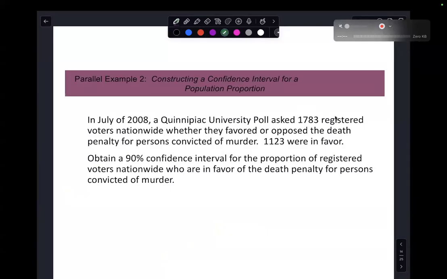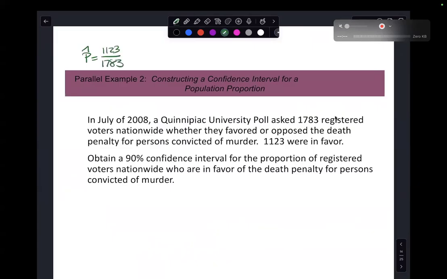1,783 is definitely less than 5% of the entire population of voters. I'm not even going to write that down. It is definitely less than 5%. So for n p-hat, p-hat is 1,123 over 1,783.